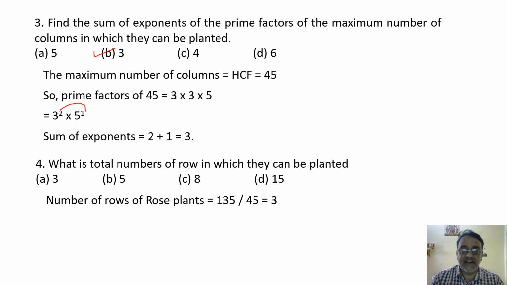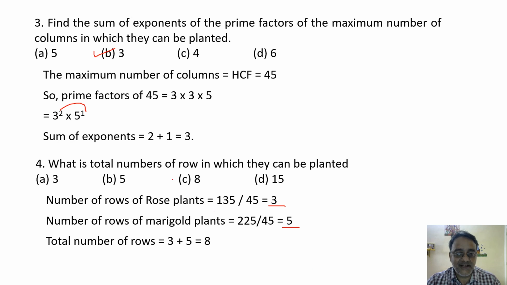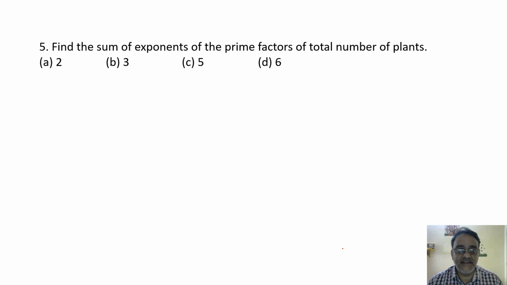Next, 225 marigold plants, 225 divided by 45 gives 5. So the total number of rows is 3 plus 5, that is 8. The correct option is C. Is this answer clear to all of you? Yes, sir. Now we are moving toward question number 5: find the sum of exponents of the prime factors of the total number of plants.